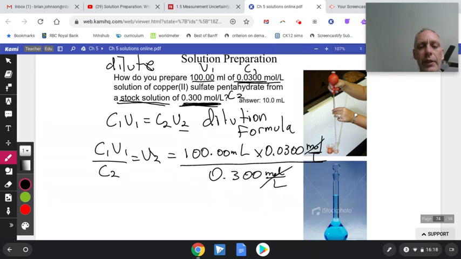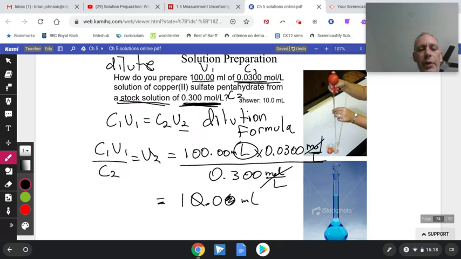Moles per liter cancel out. We're left with liters, and you get 10 milliliters, and it's actually 3 sig digs, so 10.0 milliliters.